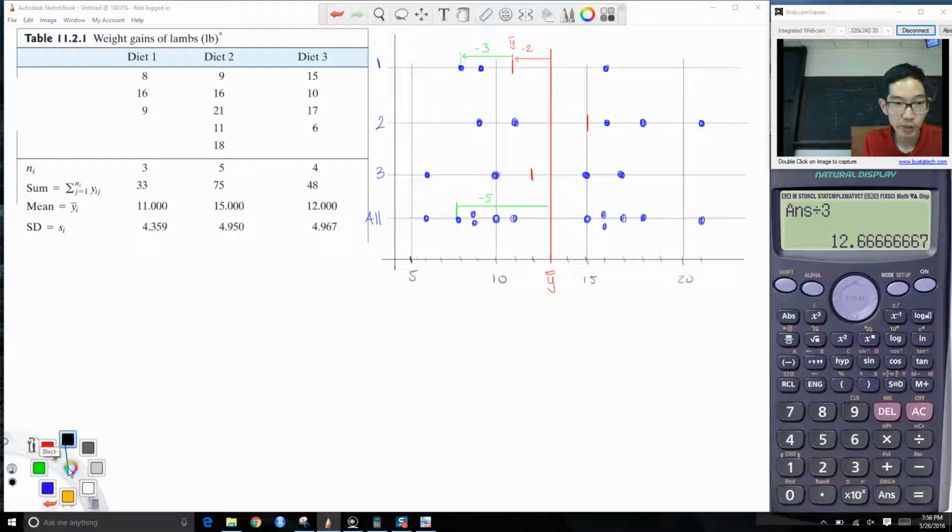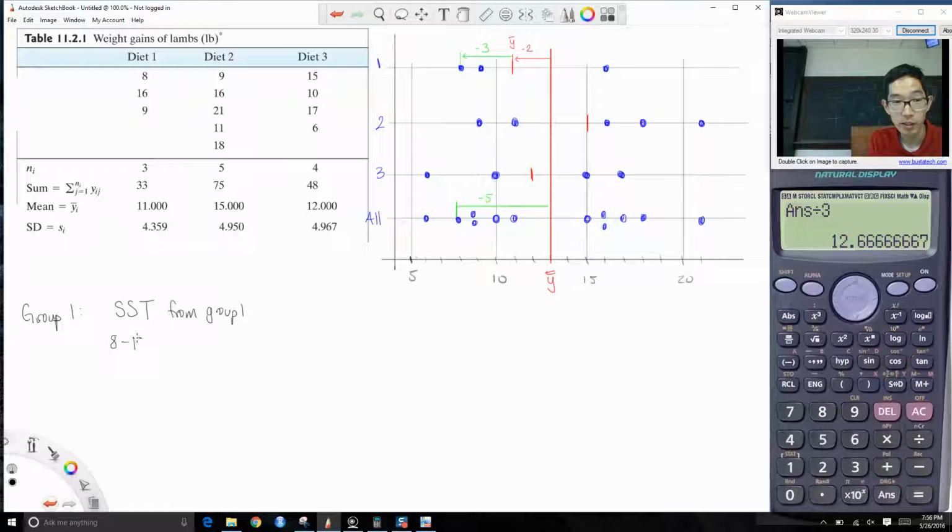So the sum of squares total for group 1 will be 8 minus the grand mean of 13 squared, plus 16 minus the grand mean of 13 squared, plus 9 minus the grand mean of 13 squared.